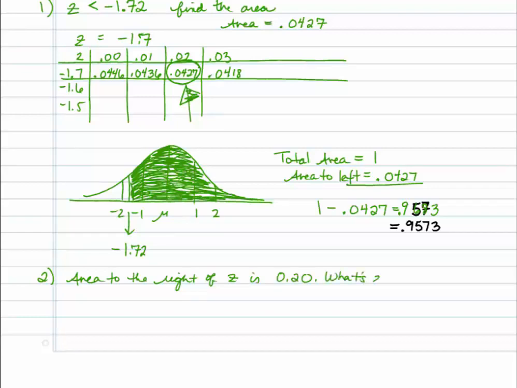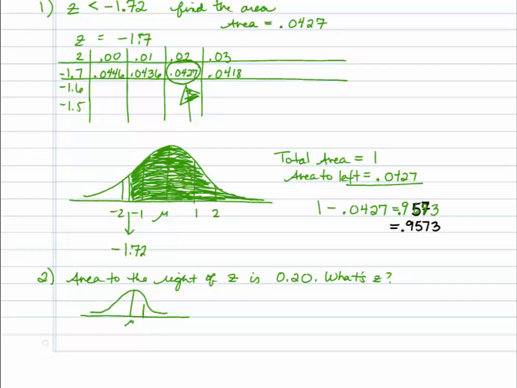What's Z? So you can envision this graph. The area to the right of Z is 0.20.